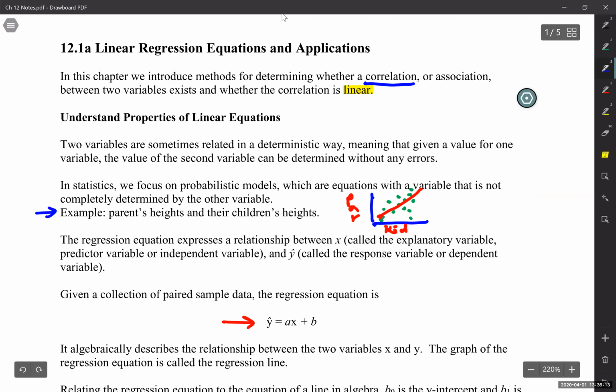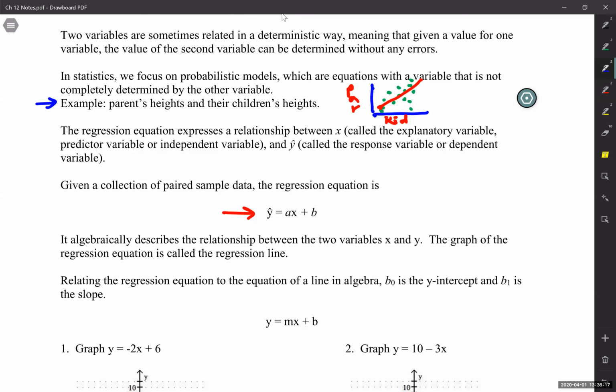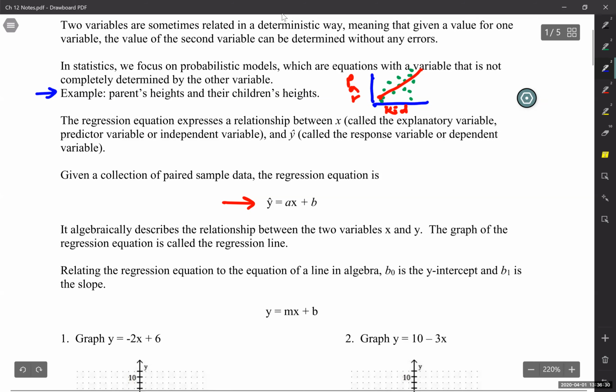All right, so what we're going to go back and look at is the line y equals mx plus b. So y hat is what we're predicting for our regression line, and we're going to use the form y equals mx plus b.